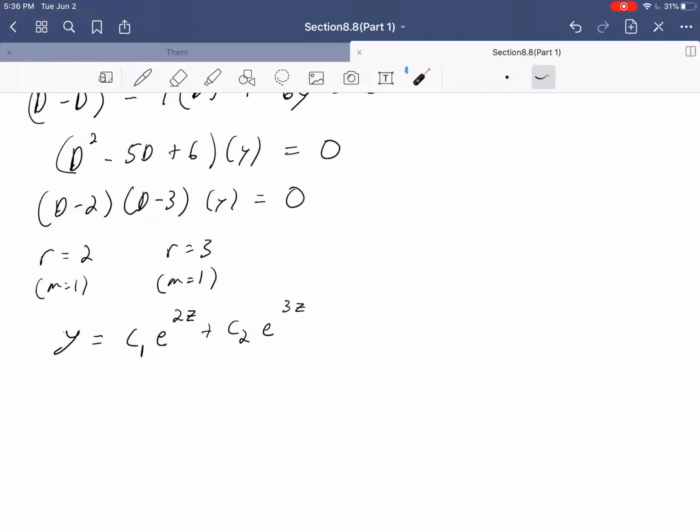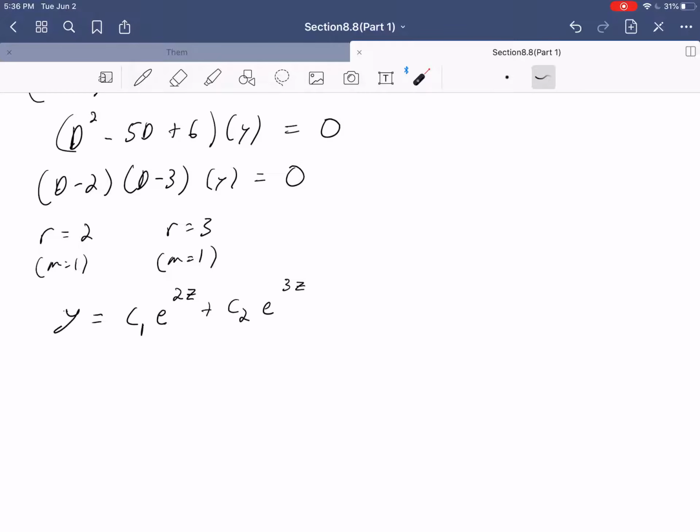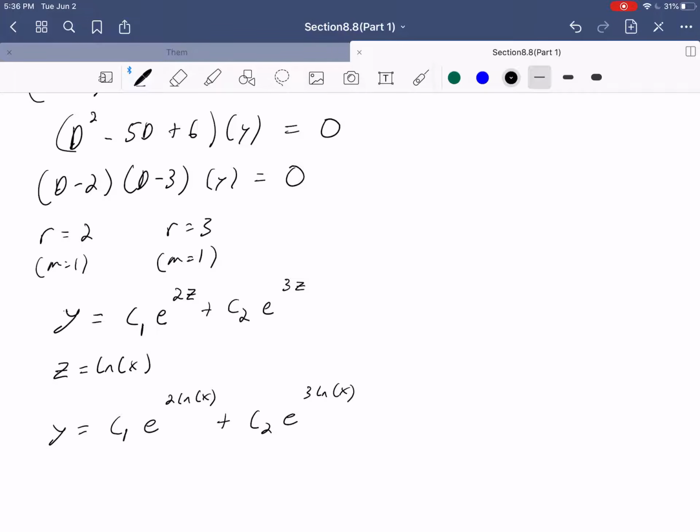But now we can use our substitution. Remember that our substitution is, we can think about z as ln x, or if you prefer, you can think about x as e to the z. Either way is going to simplify a little bit. So let's just say z equals ln x. So this is going to become c1 e to the 2 ln x plus c2 e to the 3 ln x.